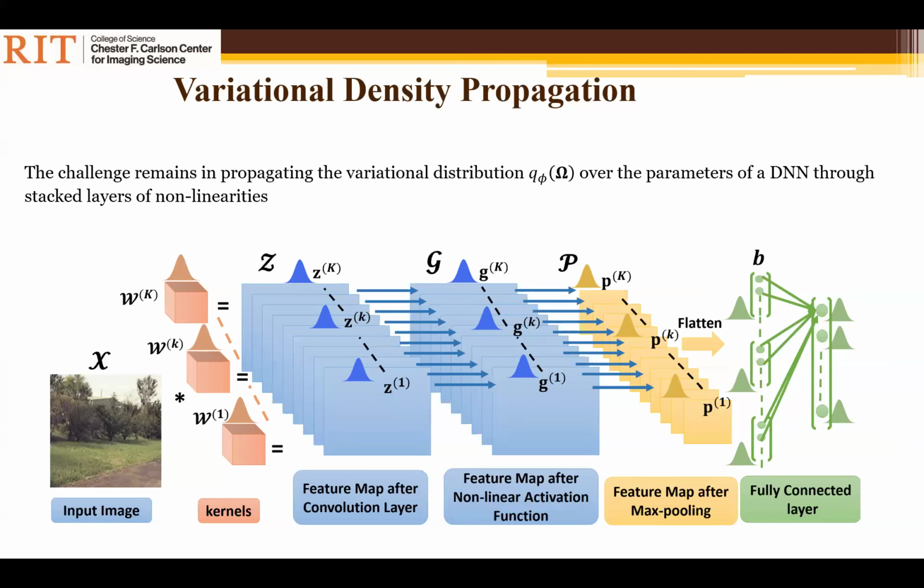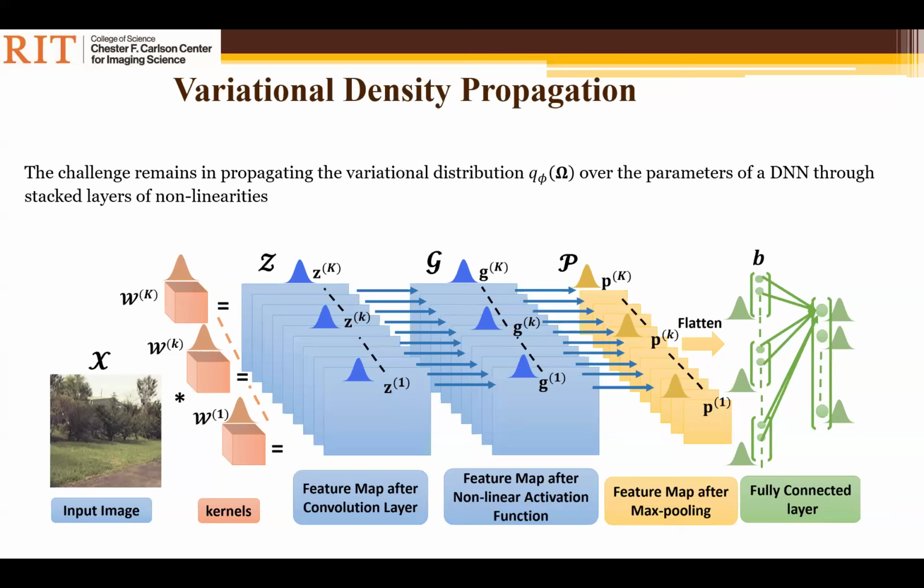So we're going to propagate only the mean and covariance, and we need to redefine all mathematical operations. For the linear operations, like matrix multiplication, convolution, or inner product between two random variables, this can be done analytically, which means we define the analytical solution.